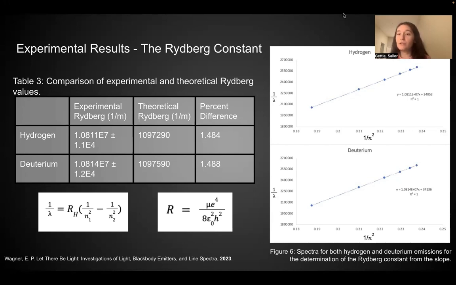And in addition to the experimental Rydberg constant, the procedure also led us to determine a theoretical Rydberg constant using the Bohr equation shown on the right. There was a very small percent difference between these values, which seems to point to a good sound experiment.